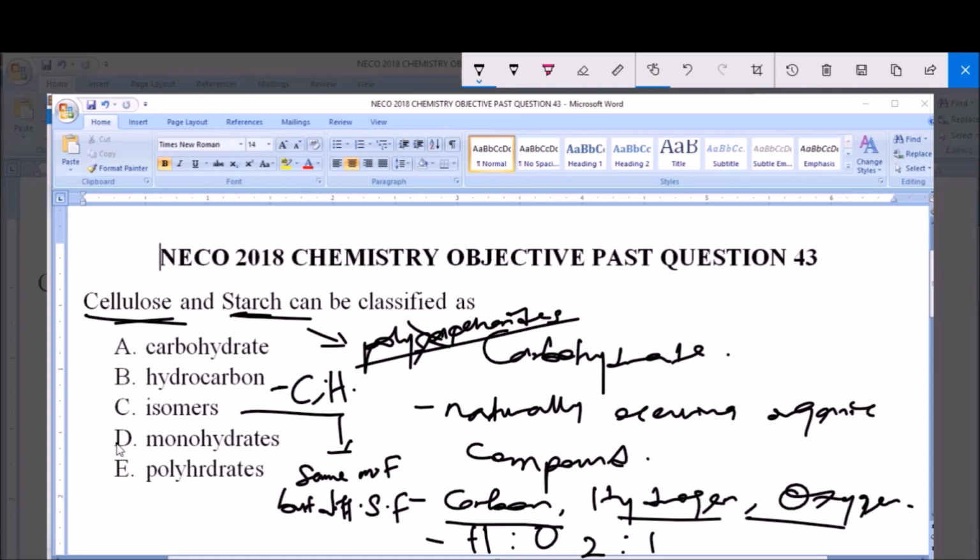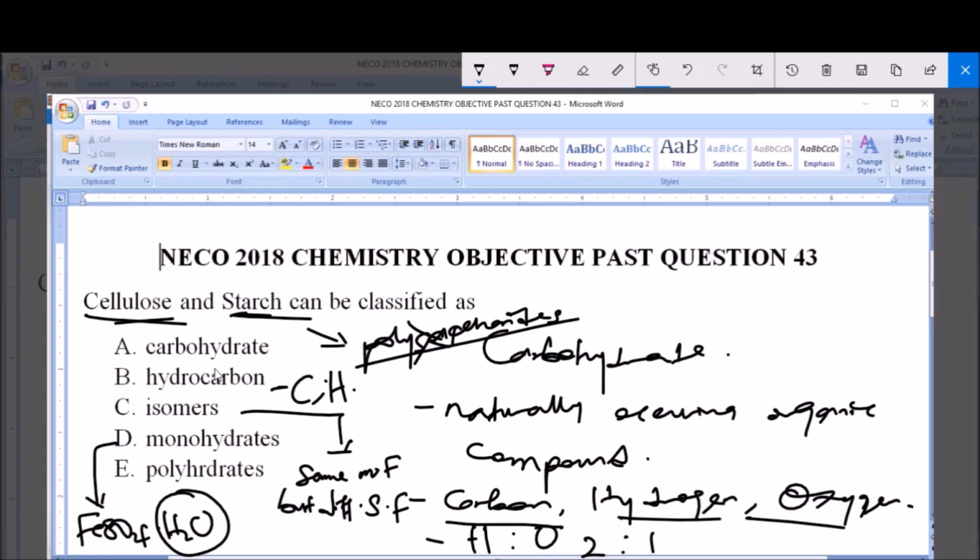Then option D says what? Option D says monohydrates. Monohydrates are compounds that contain just 1 mole of water. An example is ferrous sulfate, FeSO4.H2O. You see that the water component here is just 1 mole, so we call it a monohydrate.